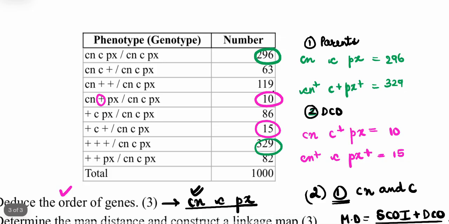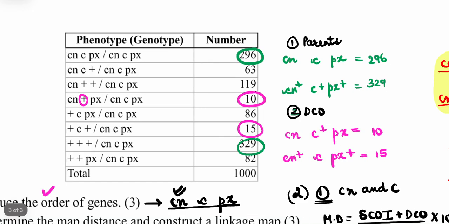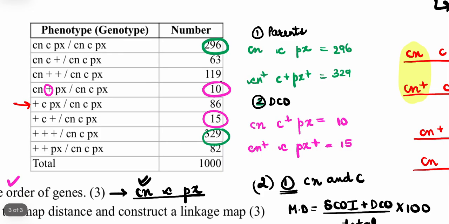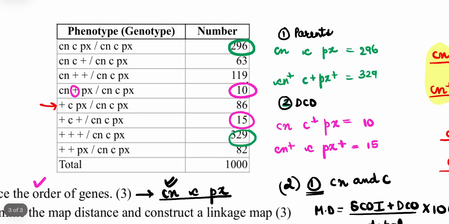So CN plus, C and PX, is it there? CN plus, C and PX, yes, this is the one. And then we have another one, CN, C plus, PX plus. So yes, this is the one. So 119 you have to add, and then you have to add 86. So add the two of them. Let me add. The answer comes out to be 205.